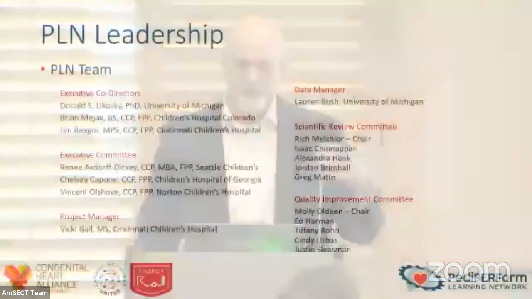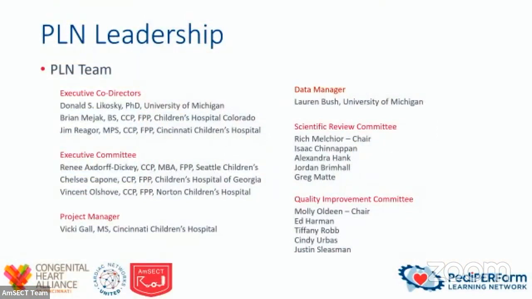So at the beginning, I just want to take a second and show you the folks that are working on this project. The names that you see here really comprise the PLN leadership, the Scientific Review Committee, the QIC, the Quality Improvement Committee, a list of our project manager and data managers that we couldn't get anything done without.